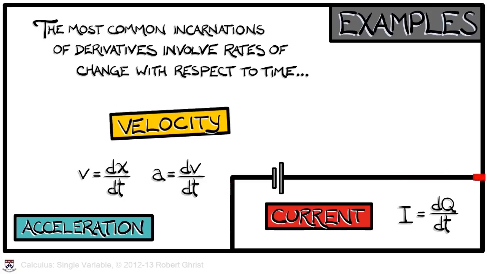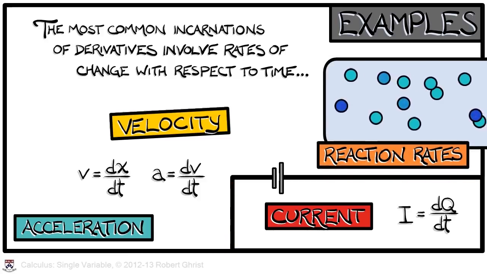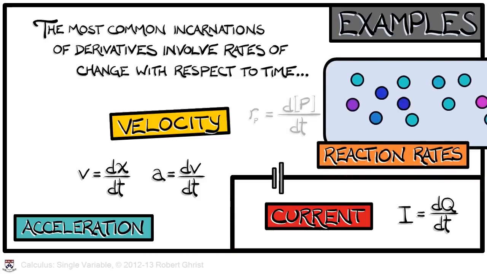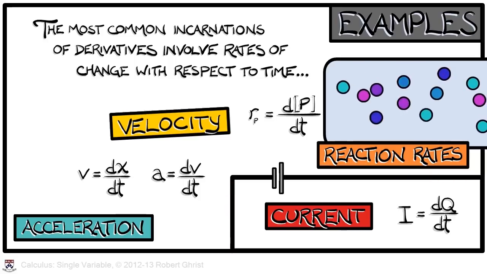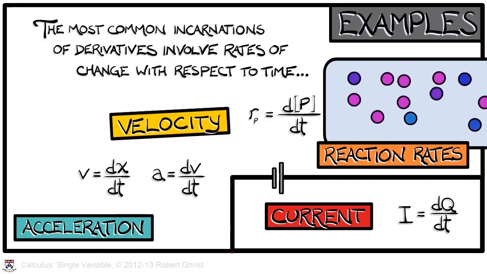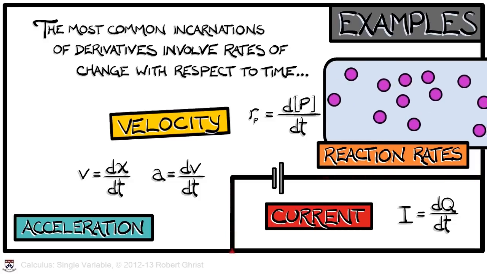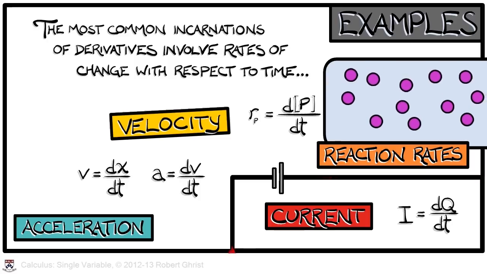If you study current, current is related to a rate of change of charge with respect to time flowing through a wire. In chemistry, if you look at reaction rates in a chemical reaction, these are defined as the derivative of, say, a concentration of a product or a reactant with respect to time.